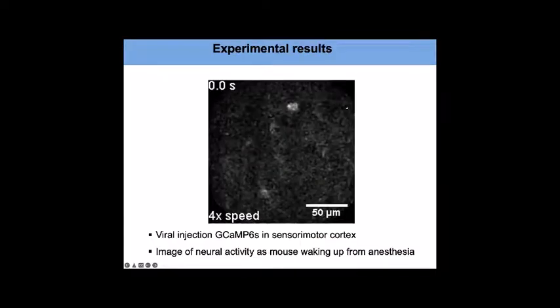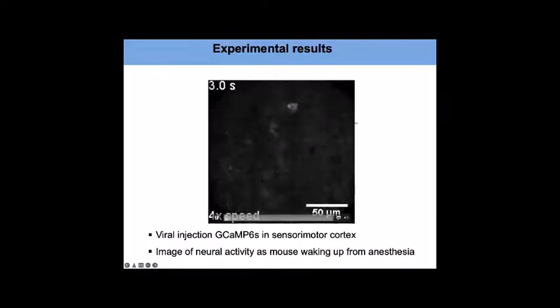Okay, so with this design, this is the kind of signal that we can see with the microscope. This is just looking at GCaMP signal through the fiber bundle. And after processing, we can get pretty decent resolution here.